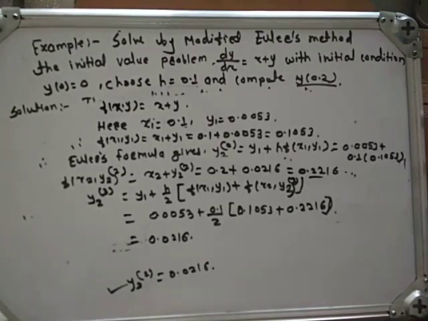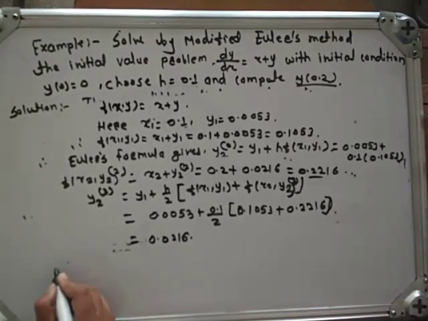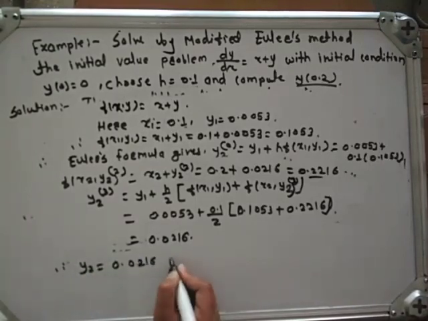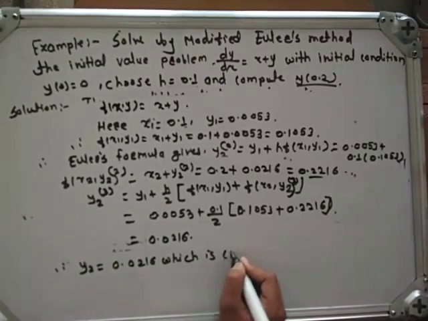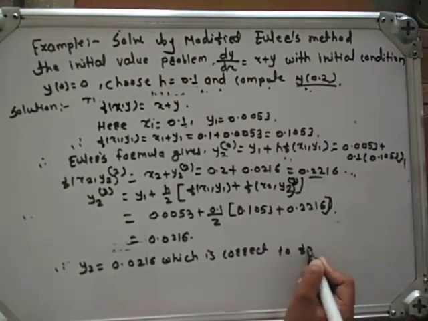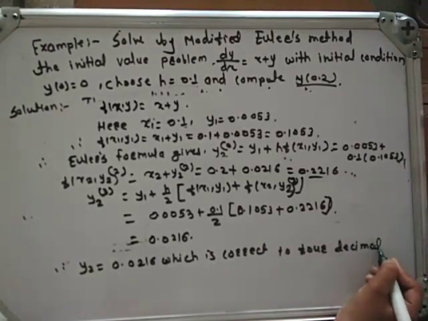Students, observe that y2 3 is 0.0216 and y2 2 is also 0.0216. This is your correct value. Therefore, y2 is equal to 0.0216, which is correct to 4 decimal places.